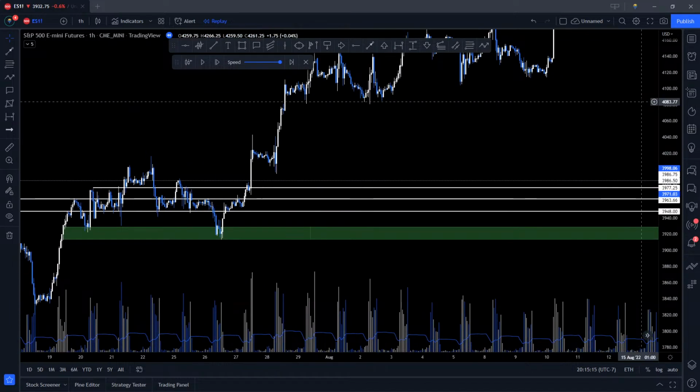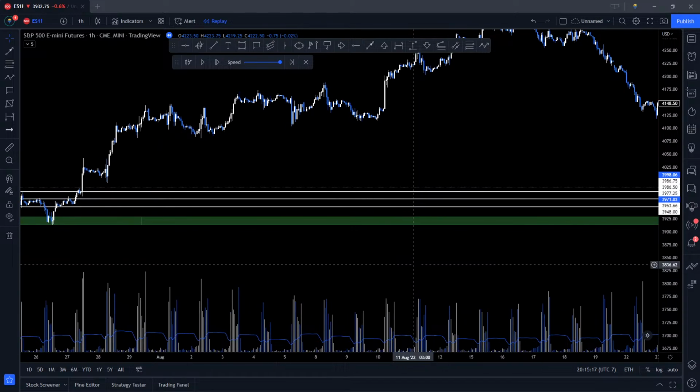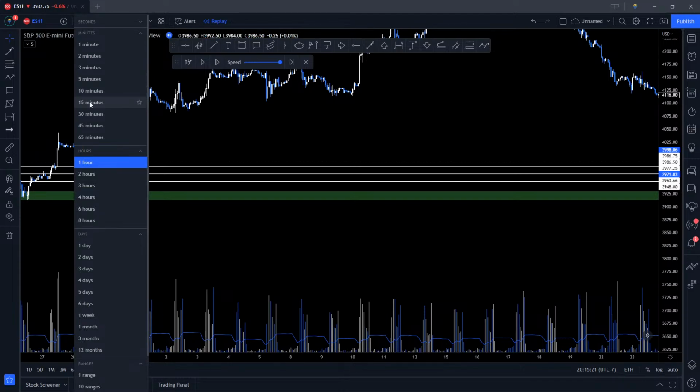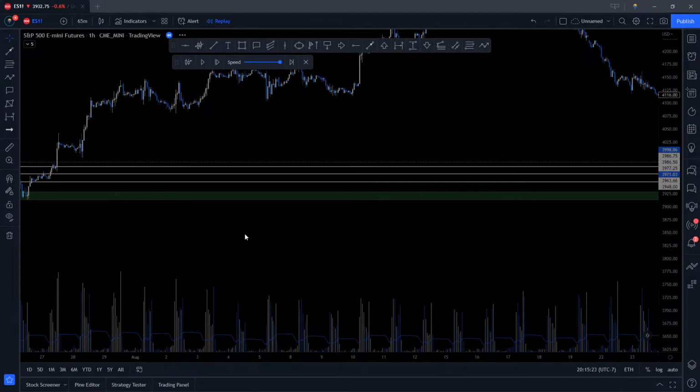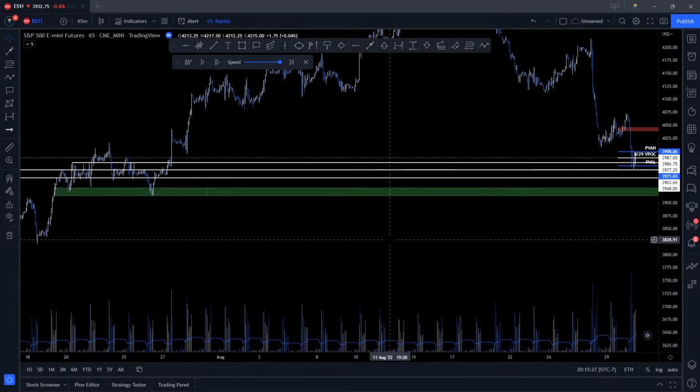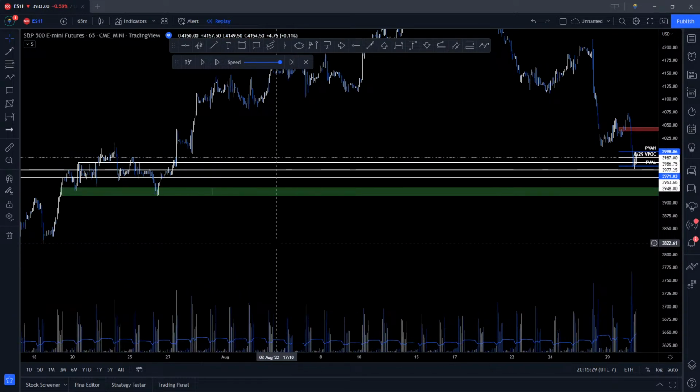And then again, you really want to be grabbing your POCs. I like to also look at the 65-minute. The reason for the 65-minute is that the only way you can divide the market's trading hours evenly is on the 65-minute time frame.